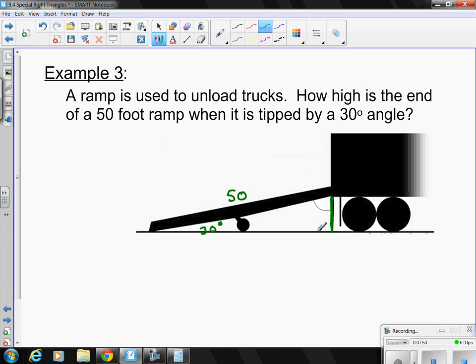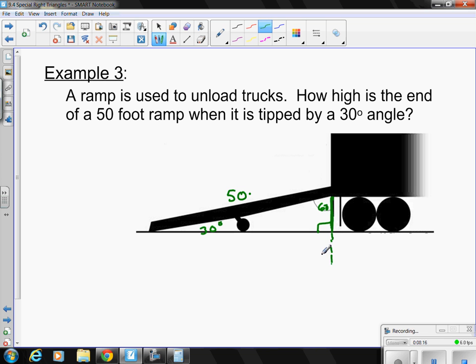So if this is a 30-degree angle, we have a 30-60-90 triangle. And I know that if this is 50 feet, remember, this picture's not drawn to scale by any means, but this is like the side of that equilateral triangle, right?